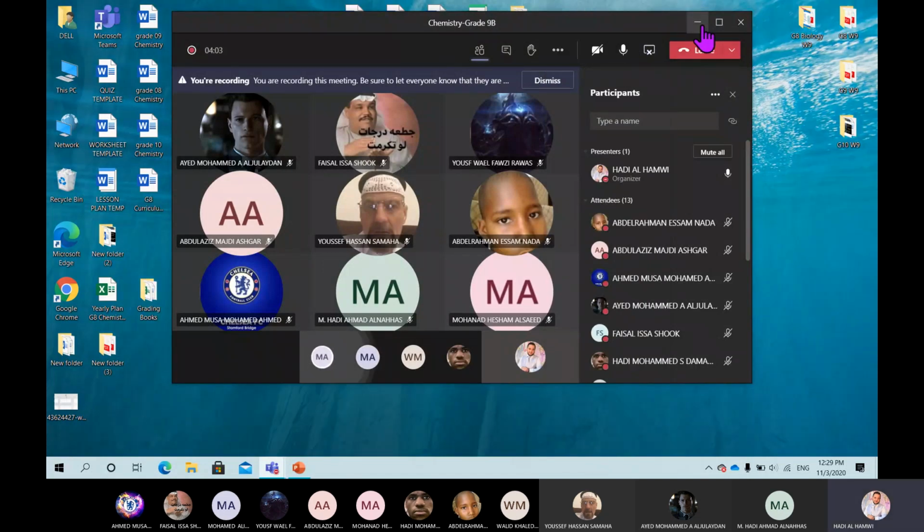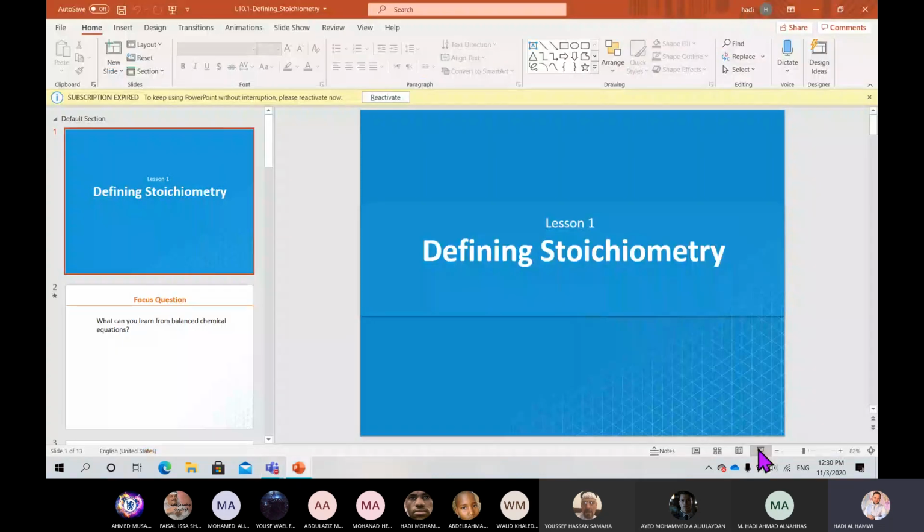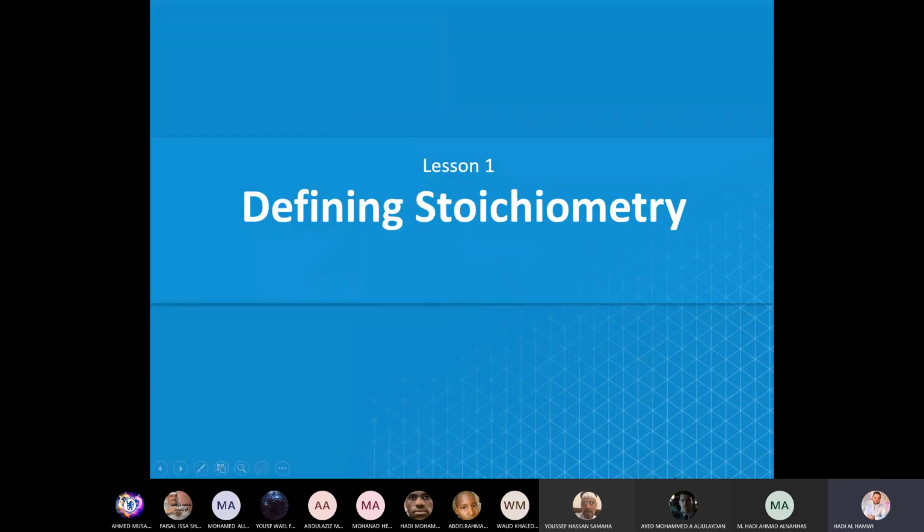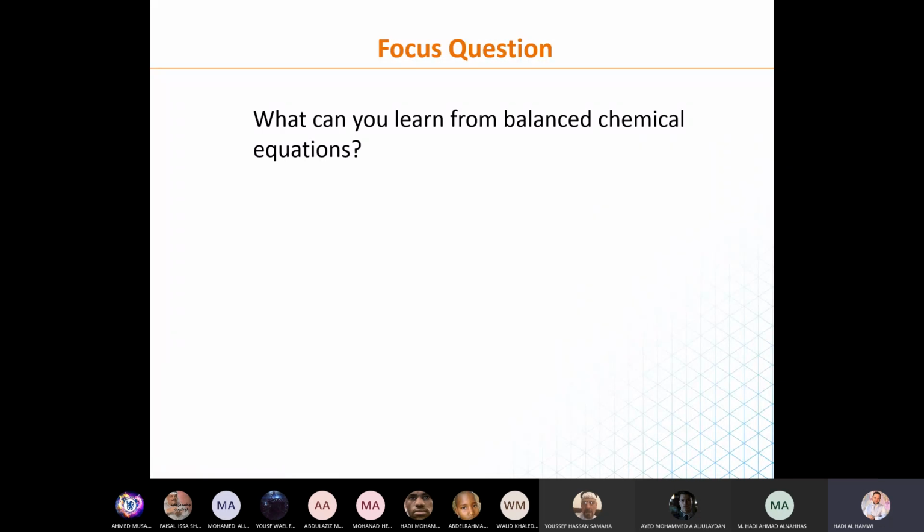So last time we started our new lesson, talking about defining stoichiometry. If you remember the last time, our focus question was about what we can learn from the balanced chemical equation.